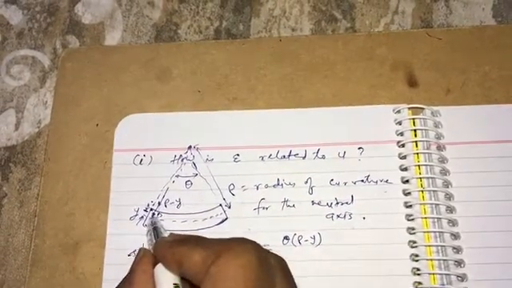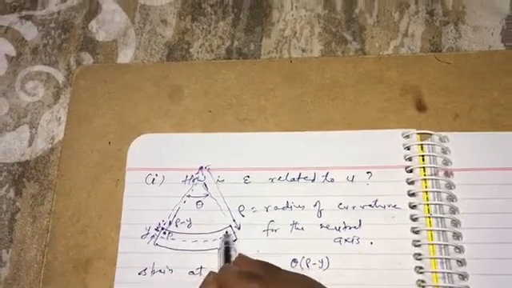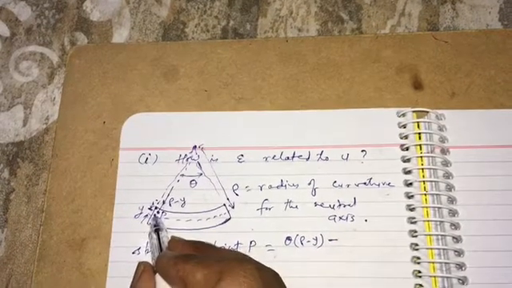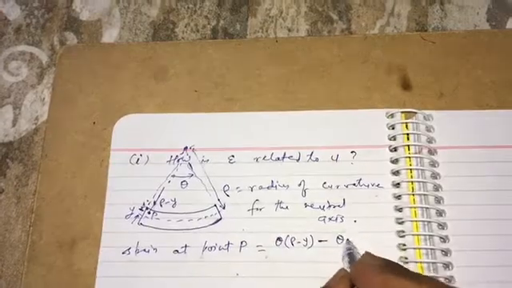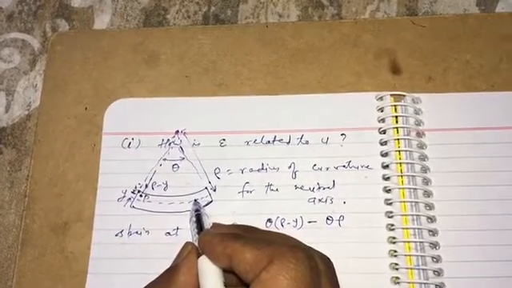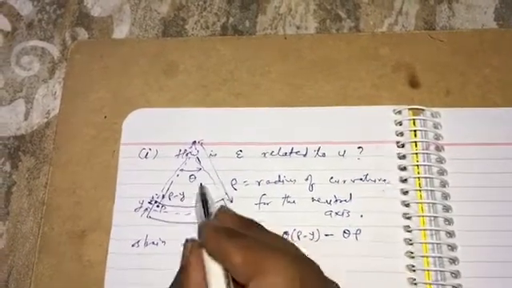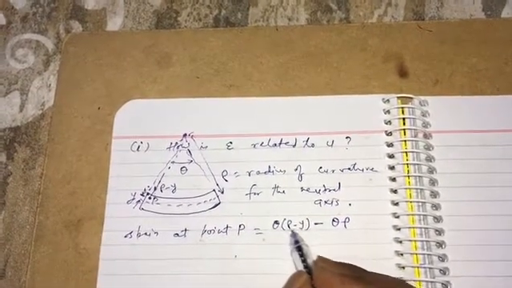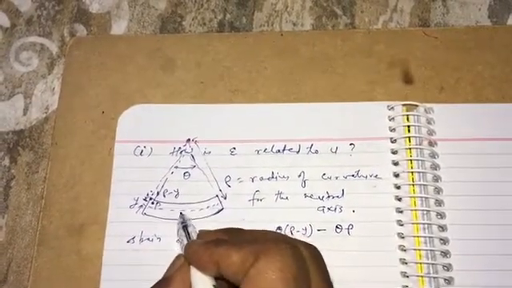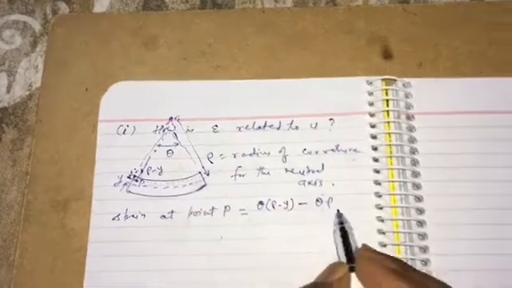This is the total arc length from here to here, minus the original length at the neutral axis, which was theta times rho, because at the neutral axis there is no change in length. Theta is the angle here. This is the final length, this is the original length. If this were not bent, the original length at P would have been theta rho only.